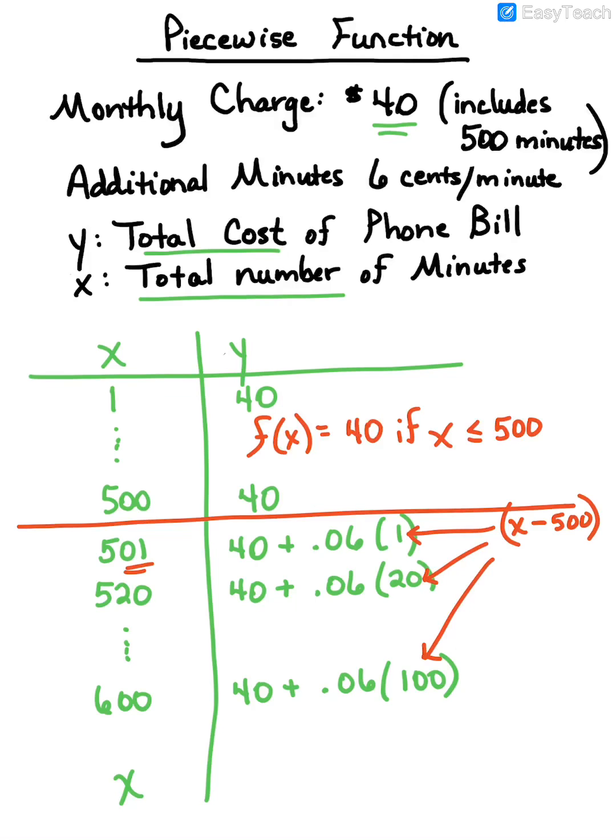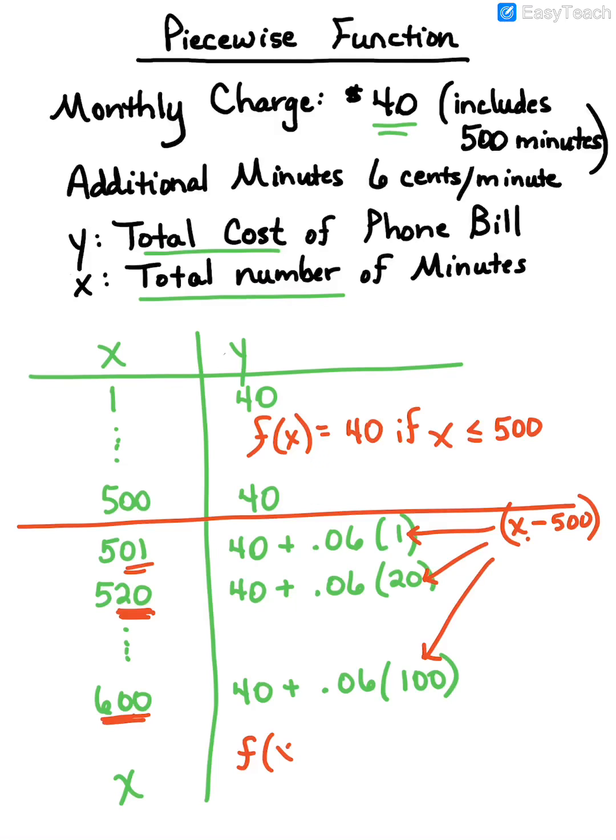And that's what allowed me to know to multiply the 6 cents times 1. When I went 20 minutes above, I still took the value of x, which is 520, minus 500 minutes. And when I talked for 600 minutes and went 100 minutes above, that came from taking the value of x minus the first 500 minutes.